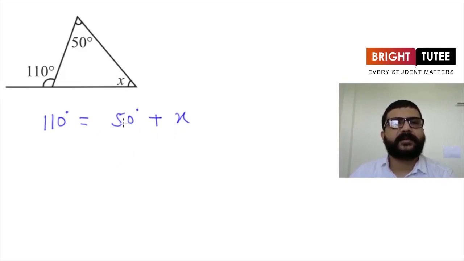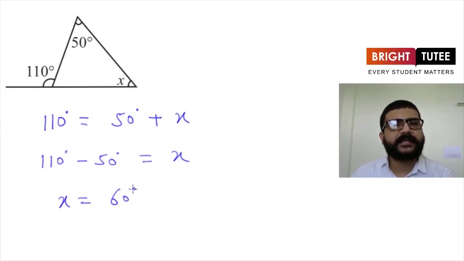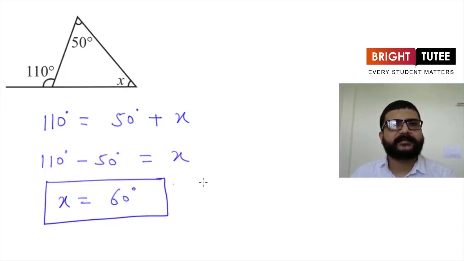We can transpose this 50 to the left side of the equation. So this will give us 110 degrees minus 50 degrees is equal to x. Now by simplifying this, we get x is equal to 60 degrees. Therefore the value of x for this question will be 60 degrees.